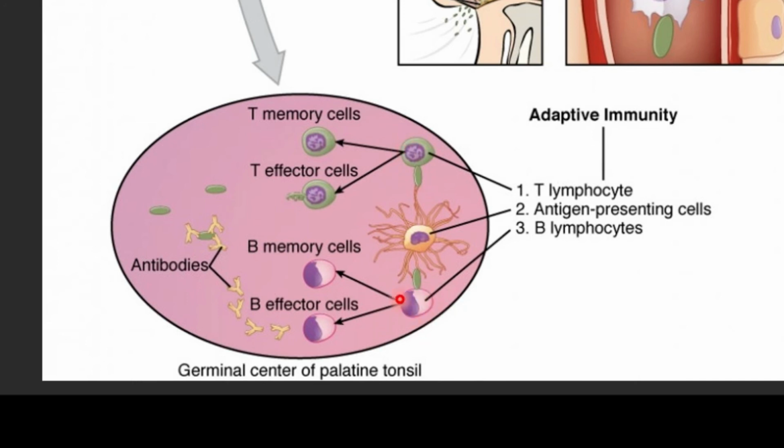It's going to interact with naive B lymphocytes, right? It's going to show them what it saw. That's going to activate the B cell to become these plasma cells, which secrete antibody, and memory cells, which stay there and remember and adapt, right? So here's the specificity, here's the adaptation.